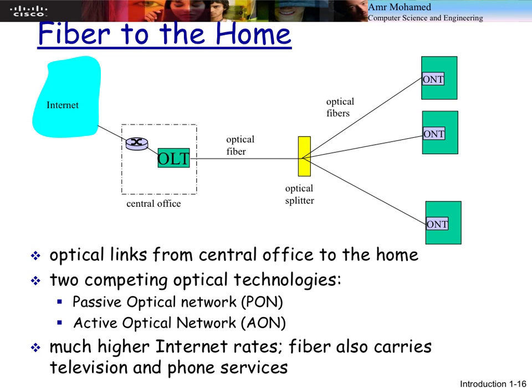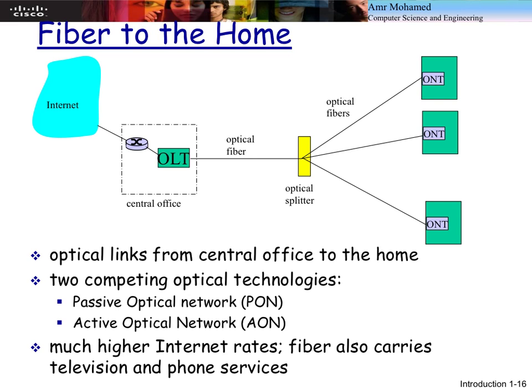But fiber to the home means that the user himself uses an optical network. So most of us now have FTTH at home, and we have what we call the optical network terminator. We see that device that Ooredoo has installed in our houses. This is what we call the optical network terminator.